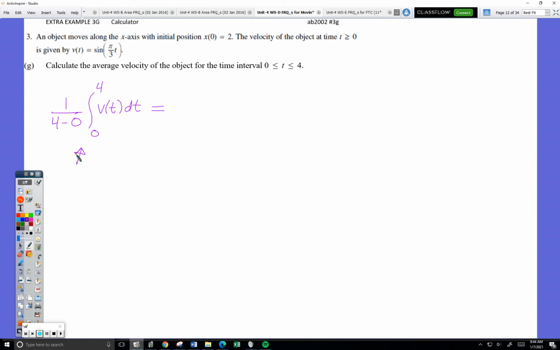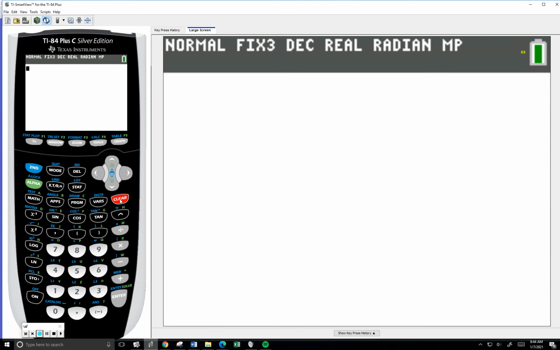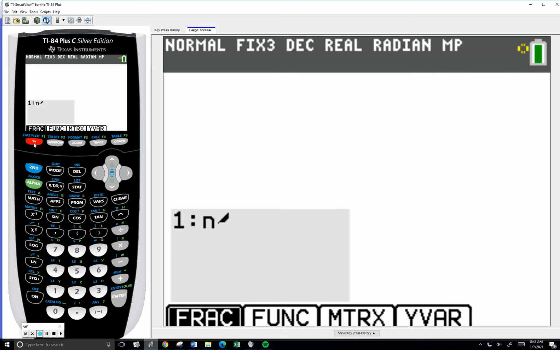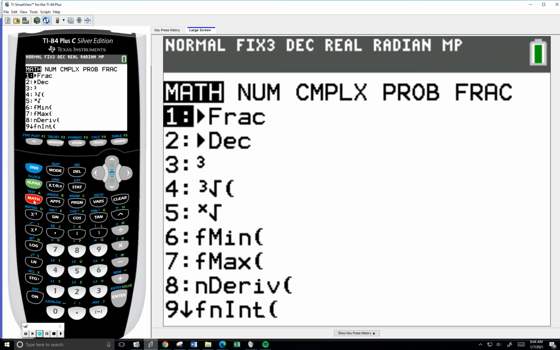Cool. The how is just use my calculator. So here, fraction to start with. Make sure you use the fraction bar. The slash tends to cause mistakes, so I don't like you using the slash.